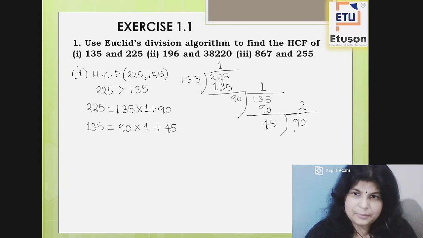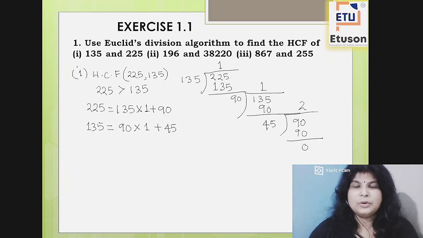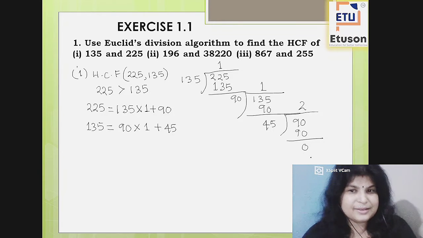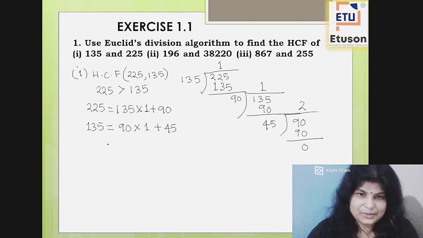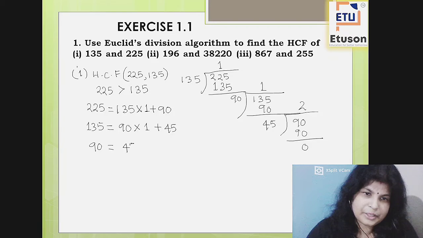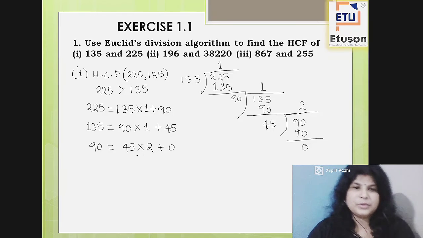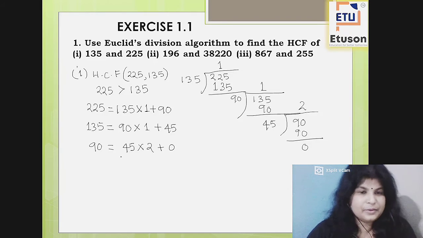So 45 into 2 is equal to 90. So 90 minus 90 is equal to 0. So now your remainder is equal to 0. Let us write down here, 90 is equal to 45 into 2 plus 0. Correct. So here HCF is equal to 45.